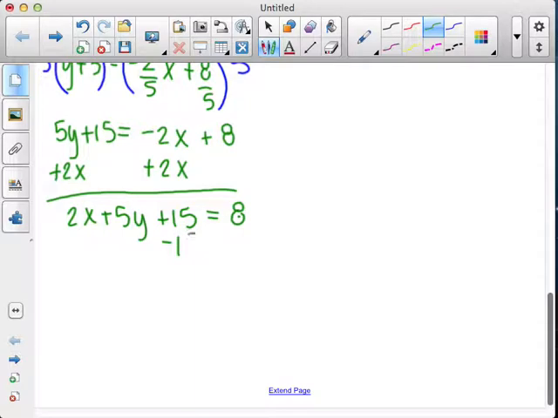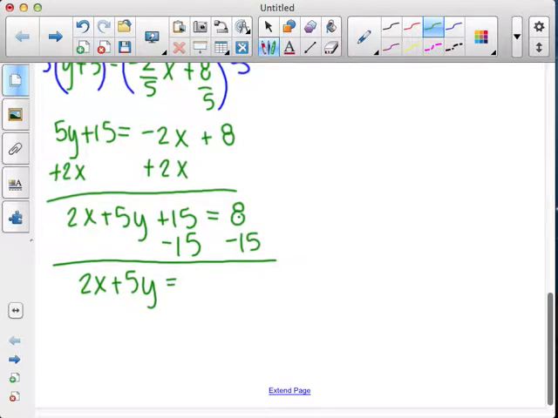I'm going to subtract 15, so I get 2x plus 5y equals 8 minus 15 is negative 7, right? Negative 7. My a, b, and c are all integers, no decimals or fractions, and my a value is positive. So I'm done. This is my answer for standard form.